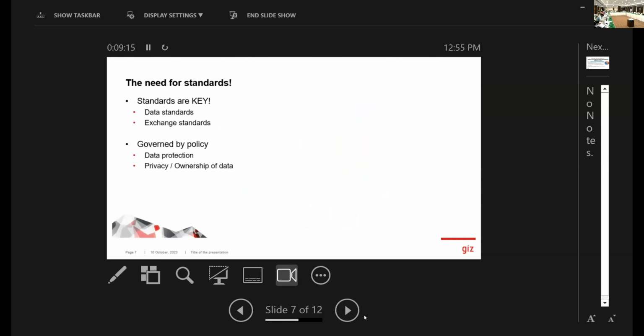But when we look at either of those two examples, the one thing that is key, which I mentioned in the first one as well, is standards. We need standards for data and then for exchange. So these various systems need to adhere to some kind of agreed standards between the various social protection programs and between the different MISs.